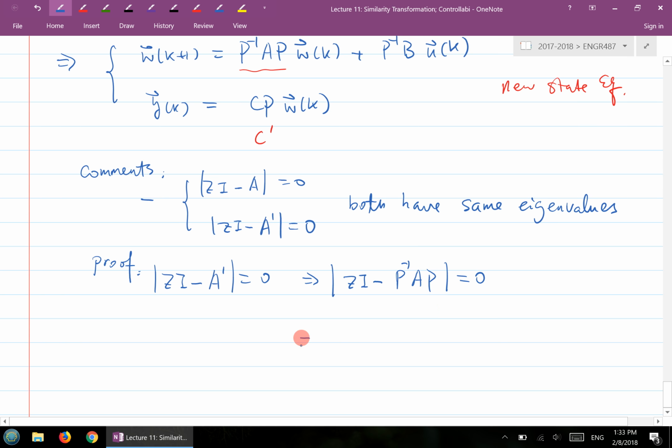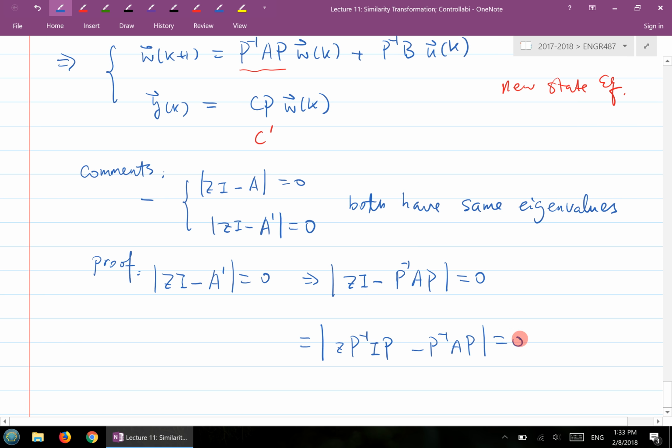Then with this manipulation, the z times the unity matrix, I'm going to use P inverse IP, so no change. P inverse IP is still I, right? Then P inverse AP.